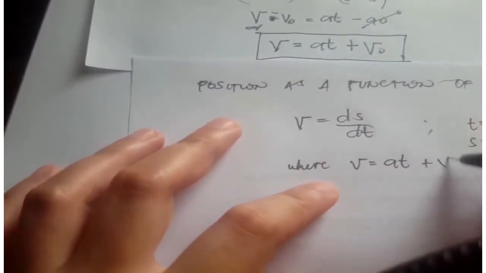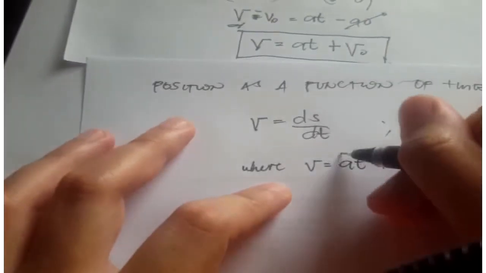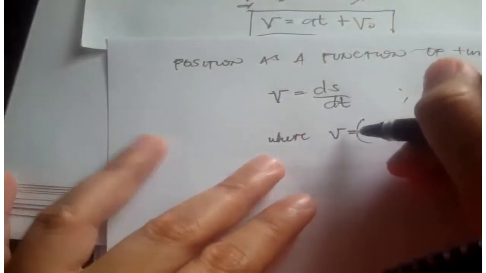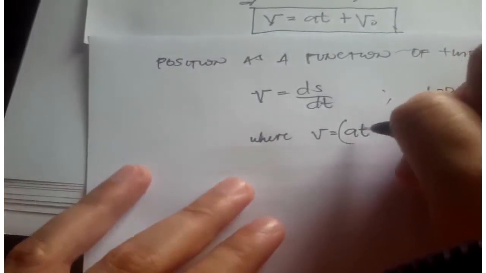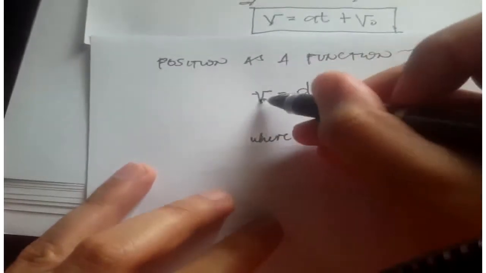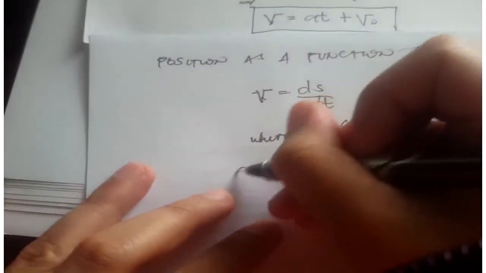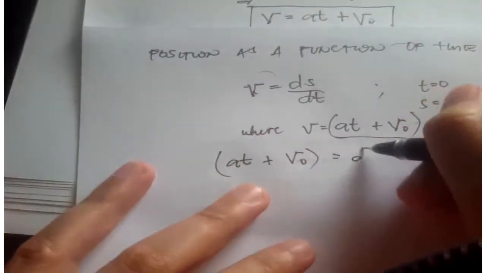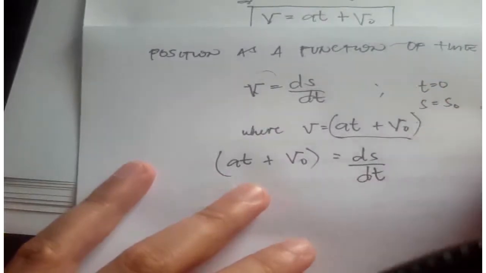So instead of using this v, we can substitute the value of our derived v, so that we can have v as a function of time there. Instead of v, we substitute at plus v sub 0. This is now our v, and it is equal to ds over dt.